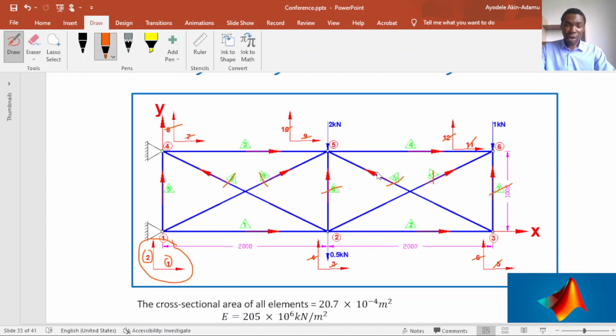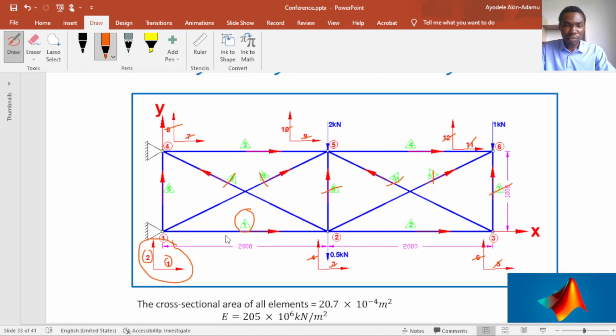Then after we have numbered our degrees of freedom, what we need to do is define the direction of our element. Why do we need to define the direction of our element? By arrowhead, we define the direction of our element to know the start node and the end node. It is very important. Like for element 1, I chose the direction to point from node 1 to node 2.